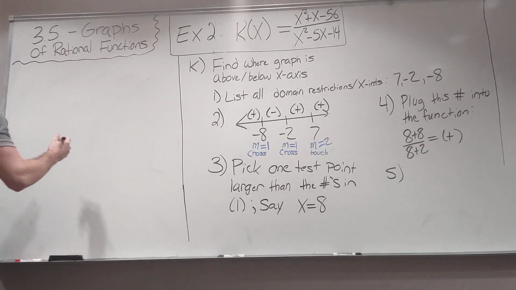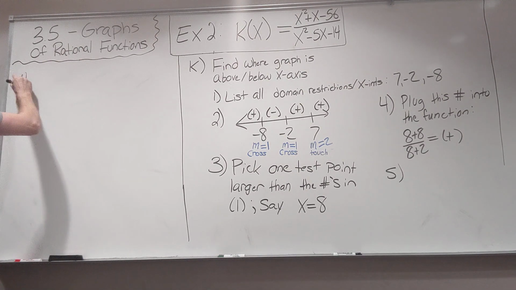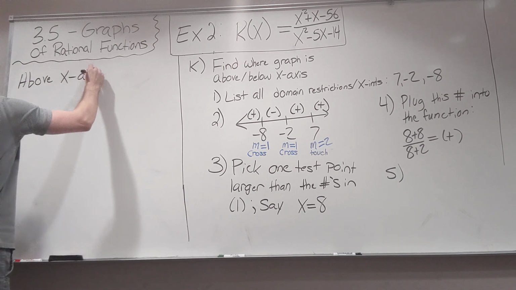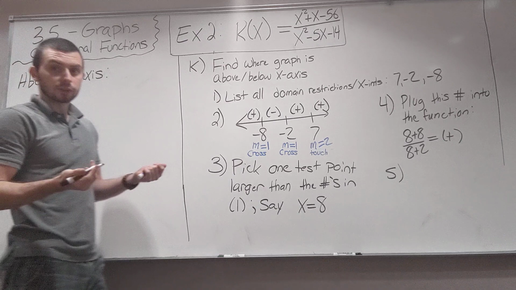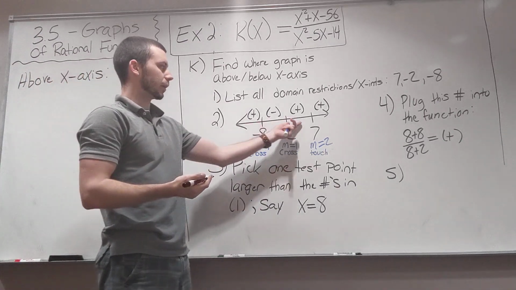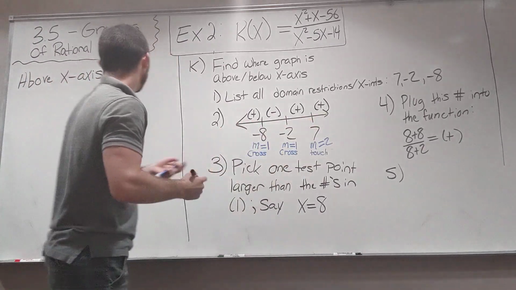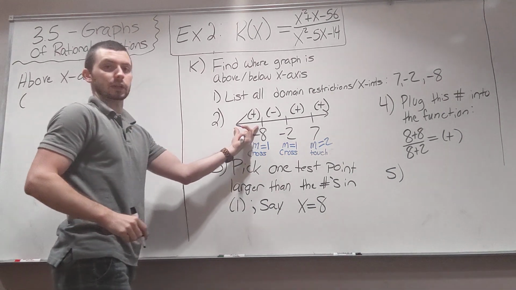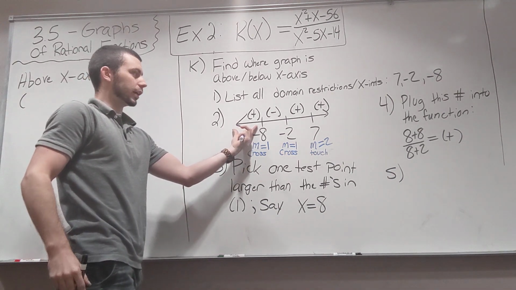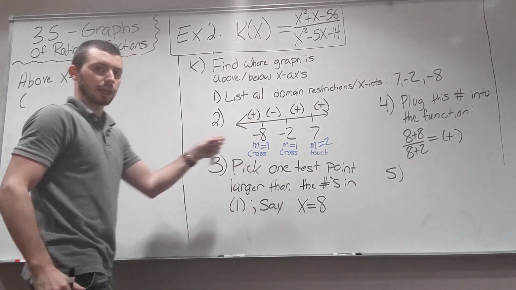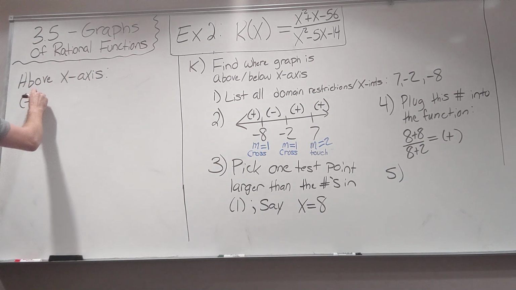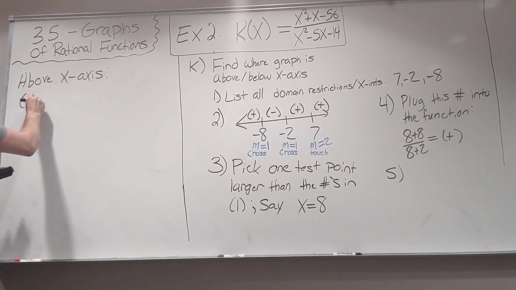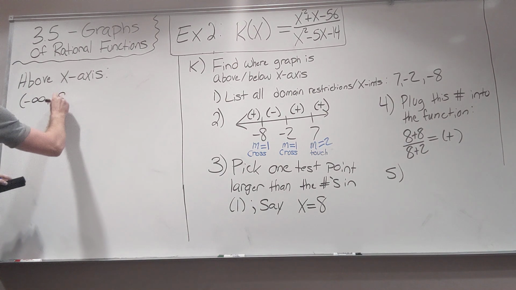So what this problem concludes: where are we above the x-axis? We're above the x-axis for any segments with a positive symbol. Well, this segment has a positive symbol. That's negative infinity to negative 8.